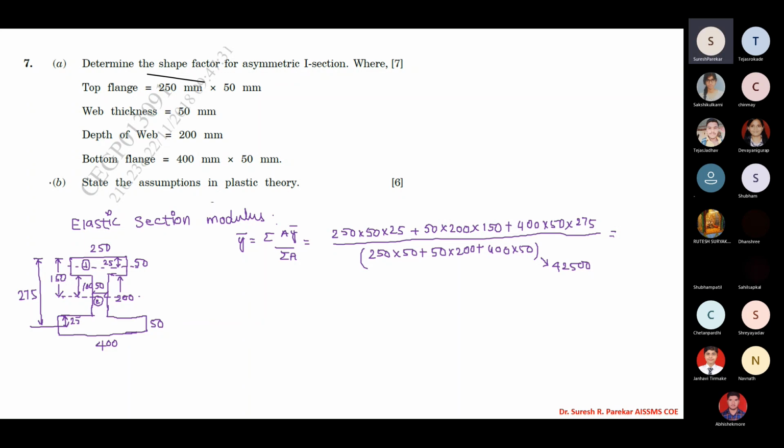I got 172.06. Check it. Numerator, I got it as 7156250.